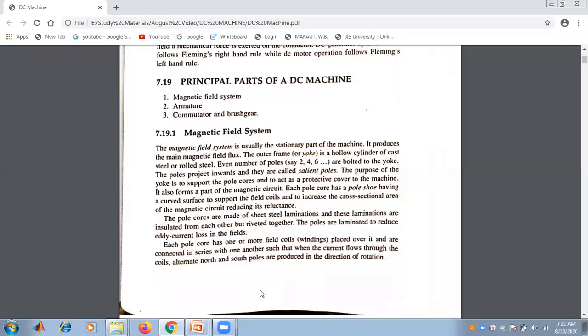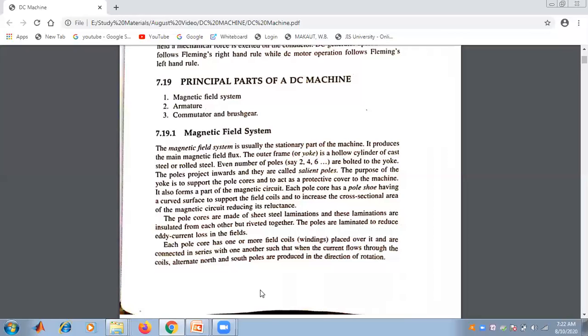The pole cores are made of sheet steel laminations, and these laminations are insulated from each other but riveted together. The poles are laminated to reduce the eddy current loss in the fields.